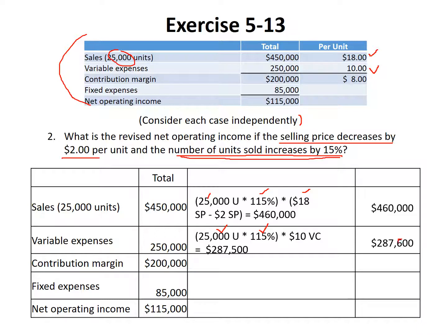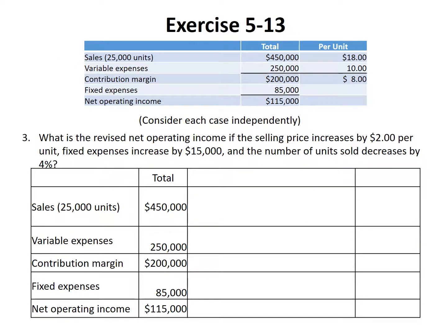I made a mistake over here. That'll probably carry through. Let's take a look. No, it doesn't in this case. That's good. So basically our contribution margin is 172.5. Our fixed expenses aren't going to change at 85,000, and our net operating income will be 87,500.